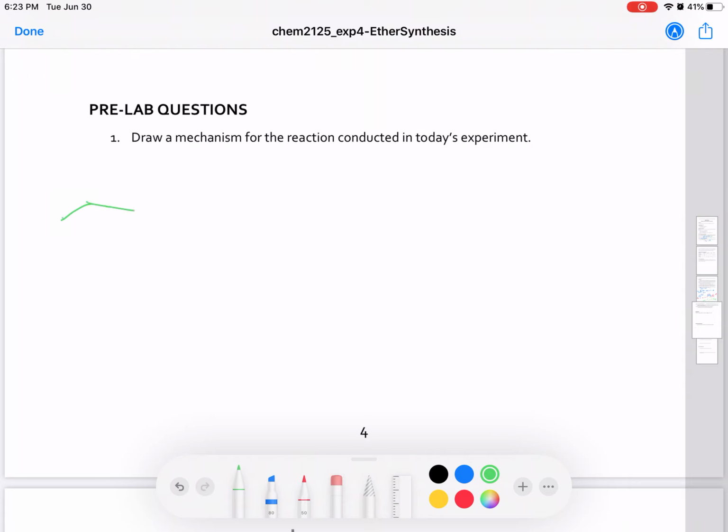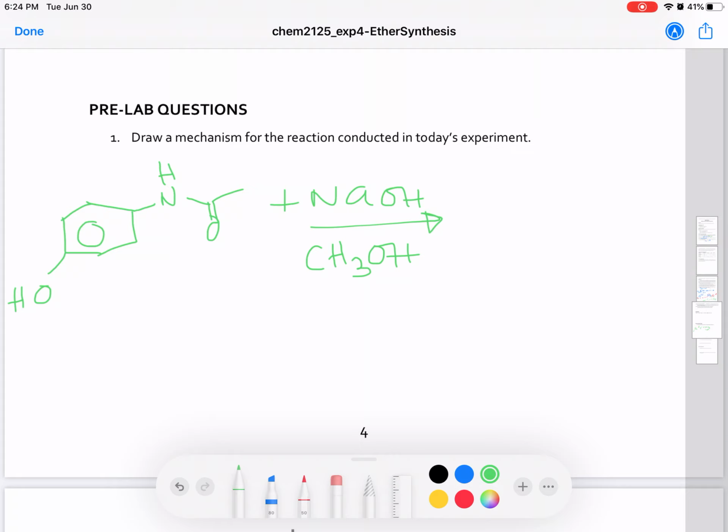You can do it yourself and check to see if you also get the same thing I'm getting. So this is your acetaminophen, where you have an amide group over here, and then you have OH. Now you have to draw the mechanism, not just the reagents, and then you add sodium hydroxide, just like I explained earlier. Sodium hydroxide and methanol is going to be your solvent. Hydroxide has lone pairs, so hydroxide is a good base.